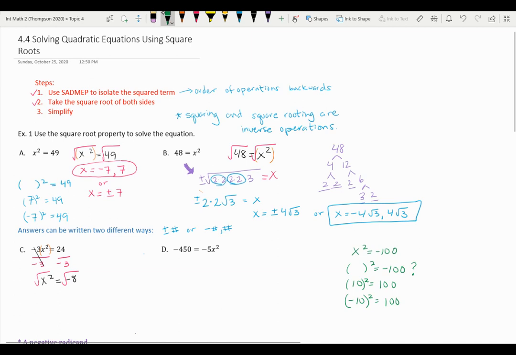So yes, I can find the value of the square root of a negative number. It's called imaginary numbers, and we're actually going to get into it in the next topic. But this is not part of our known number set at this point in time, so you can't, okay? So for right here, my answer is going to be no real solution.